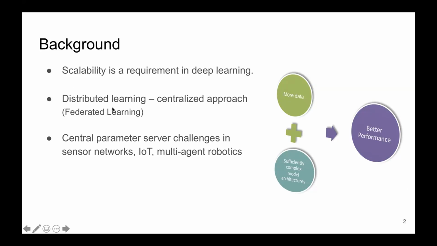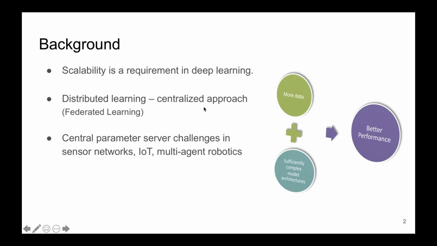Distributed machine learning is a promising tool to deal with such distributed data, especially when the data are produced from different locations. Approaches to design such distributed machine learning include two ways. One is the centralized approach, the other one is the decentralized approach.